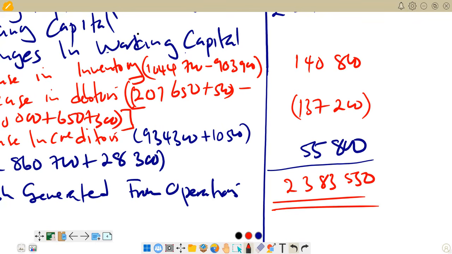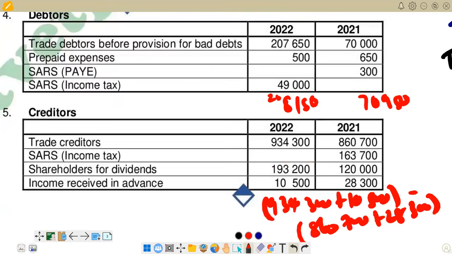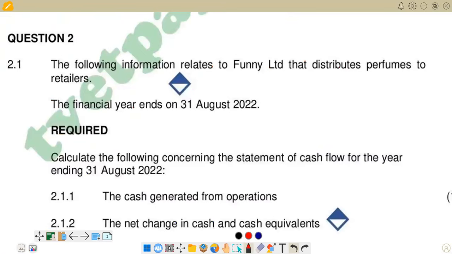So this is the cash generated from operations figure that we were looking for. But if you go back to the question, the last part of the question is saying net change in cash and cash equivalents.